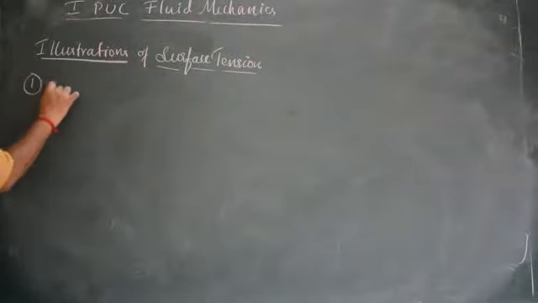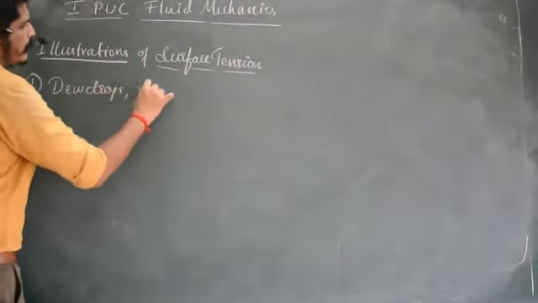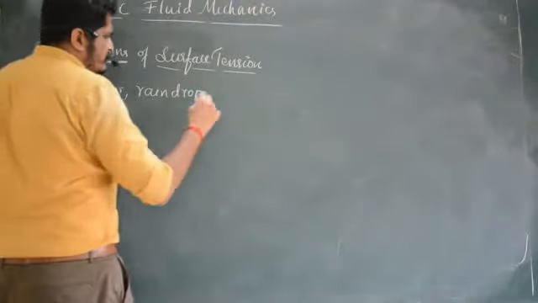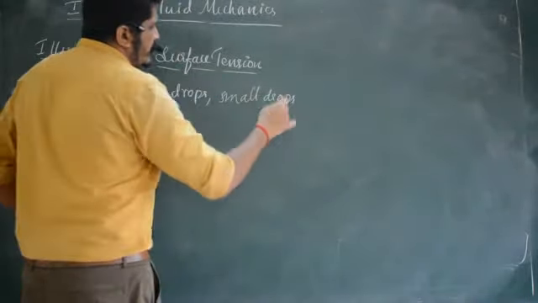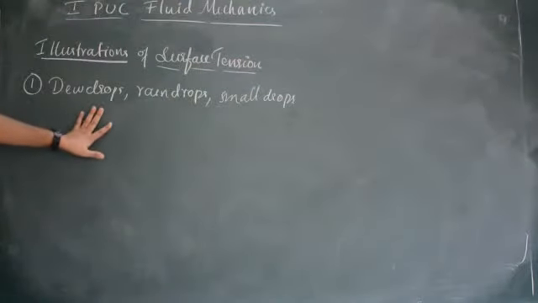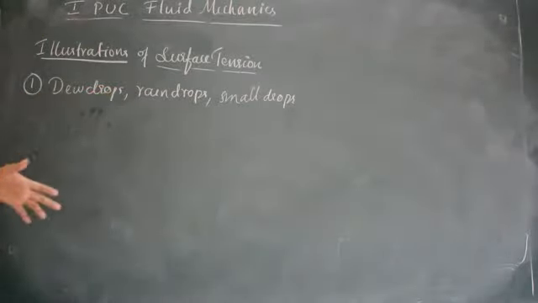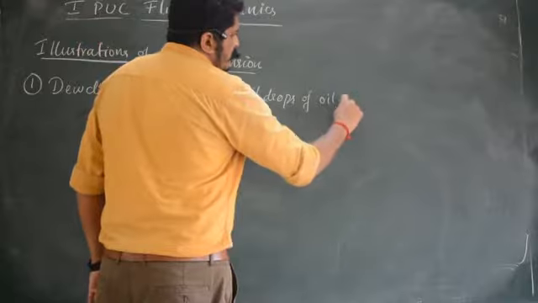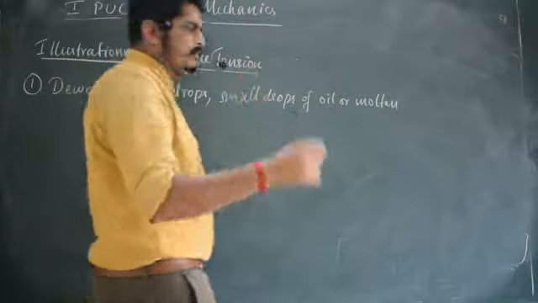First one, the best example, I have already given: dewdrops, raindrops. For example, small drops of any liquid, or you can take oil or drops of molten metal, like lead shots.